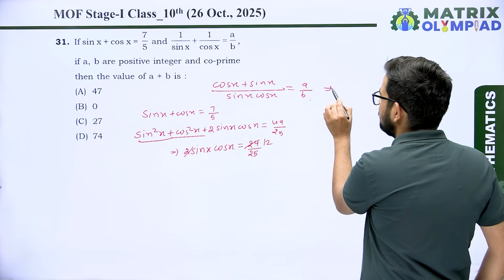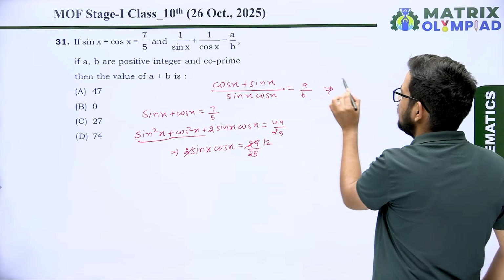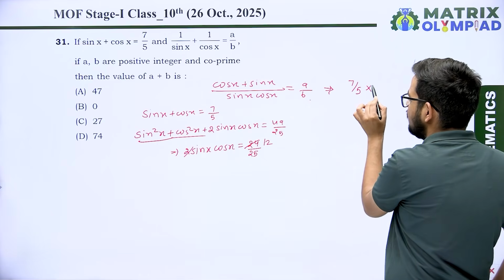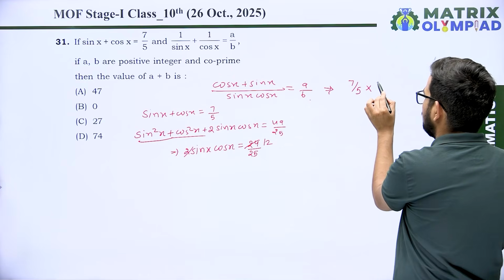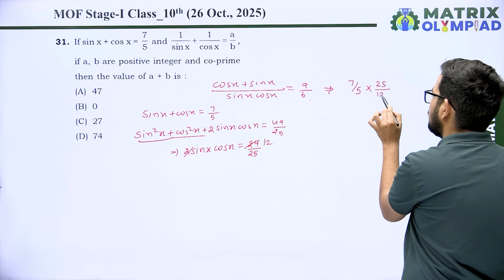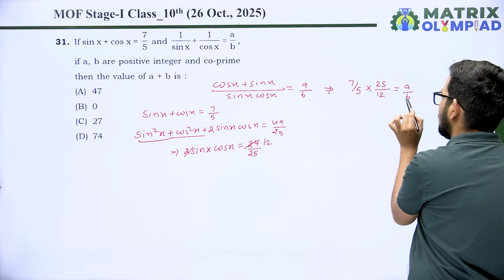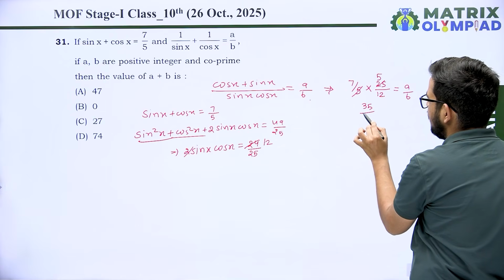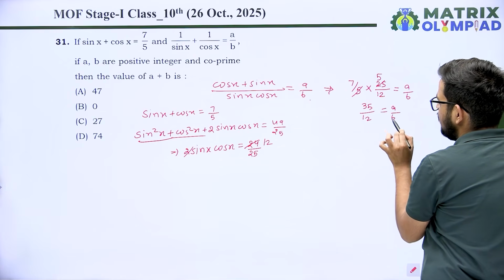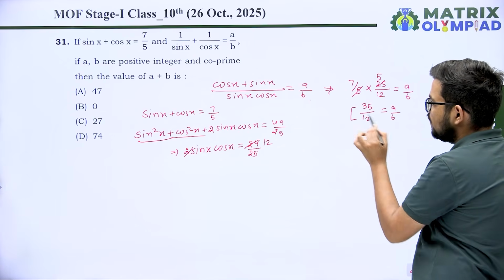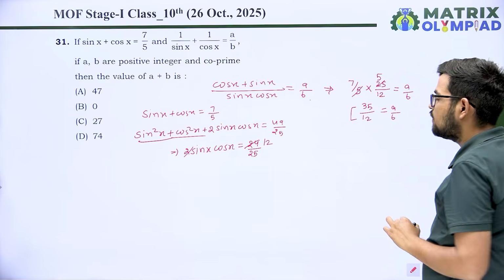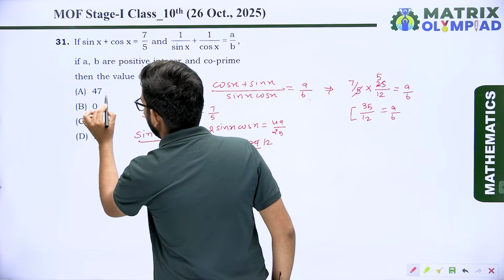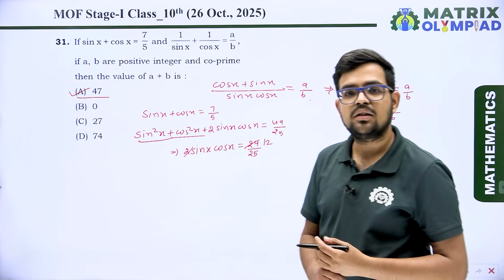So sin x plus cos x equals 7 upon 5 into, sin x cos x being 12 upon 25, so we multiply by 25 upon 12 equals a upon b. After simplifying, you will get 35 upon 12 equals a upon b. Here 35 and 12 are co-prime, so a equals 35 and b equals 12. So the value of a plus b will be 35 plus 12, option A, 47.